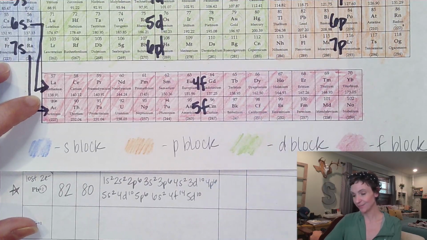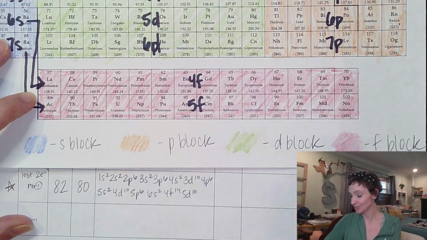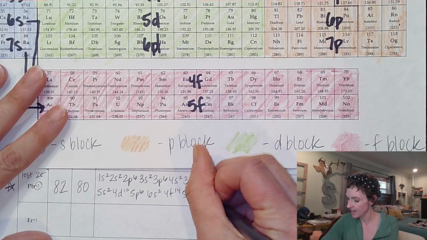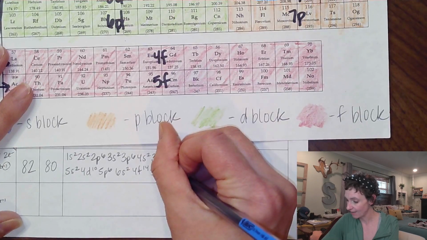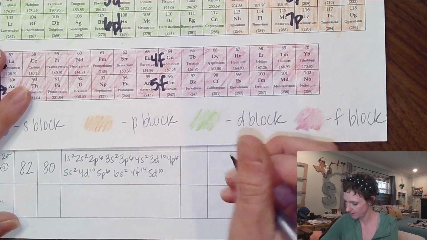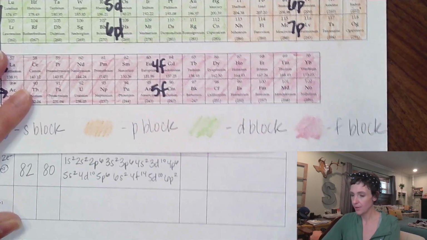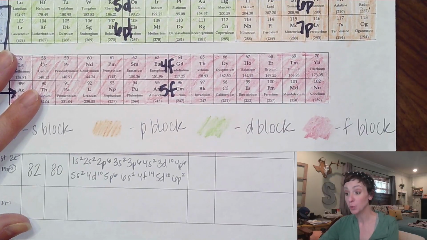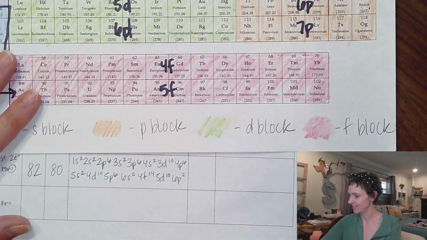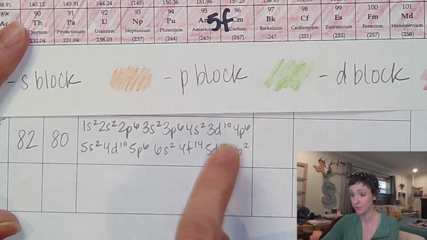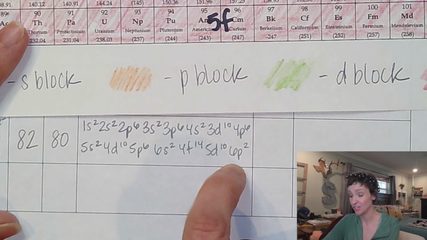And then after 5d, wait. I almost started to write the full configuration for a neutral lead. In fact, I kind of will do that because this will remind us how we manipulate to make ions. If this was neutral, we would totally have 6p2. But we said he is trying to look like mercury. So those 2 electrons that he has lost, this is a great review actually, are going to be the 2 electrons in his highest energy level.